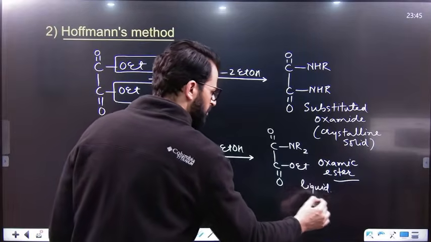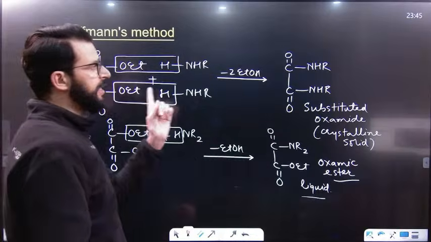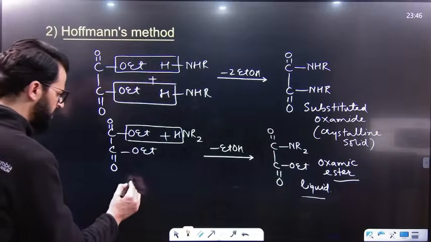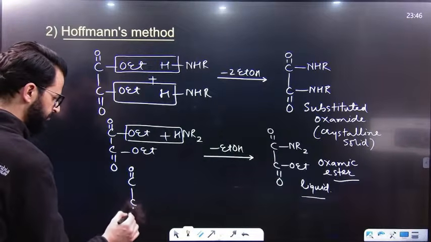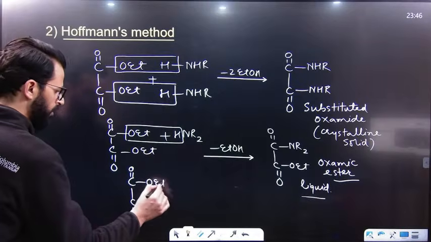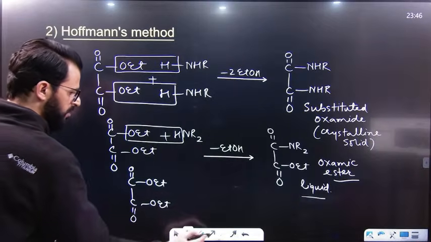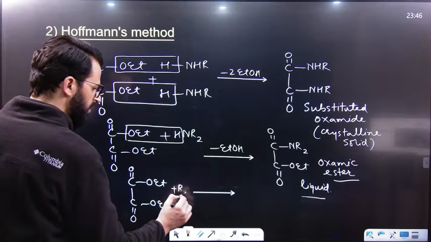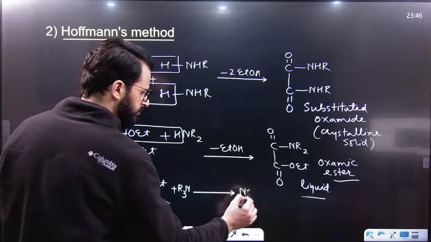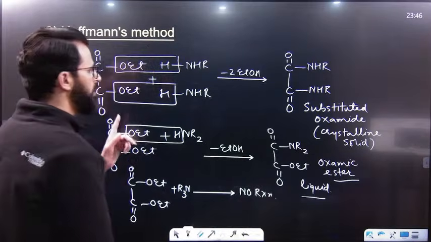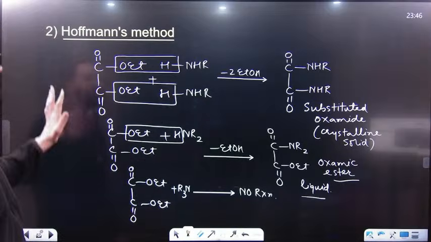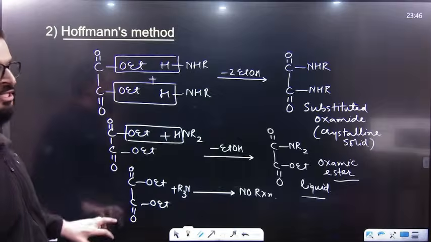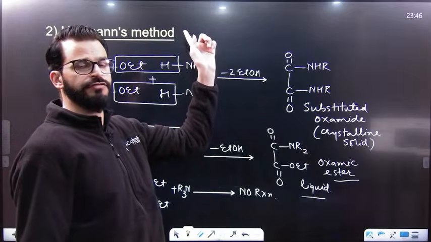That means primary amine reacts with diethyl oxalate in different manner, and secondary amine reacts with this in different manner, and tertiary amine does not react. So with the help of products, we can simply say that our starting material is either primary, secondary or tertiary. That's why this method, during which primary amine, secondary amine or tertiary amine form different products with diethyl oxalate, is known as Hoffmann's method.